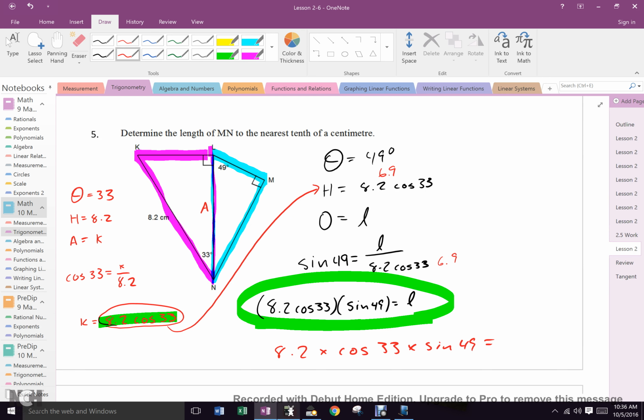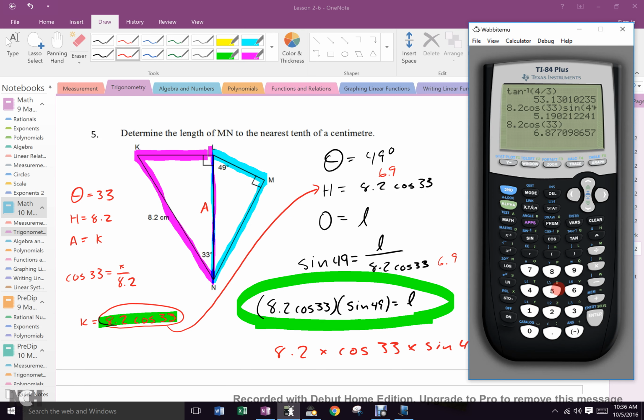So I can go to my calculator and go 6.9 sine 49 and get 5.207. I had 5.199 before, didn't I? You're both going to round that to 5.2, yeah? So either way works. But again, I call your attention to which one is a more exact answer. The 5.19, yeah? That's all I'm saying.